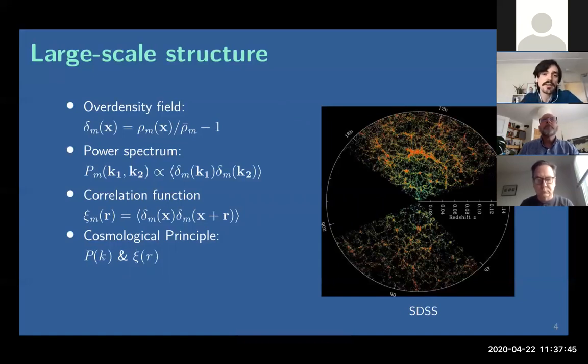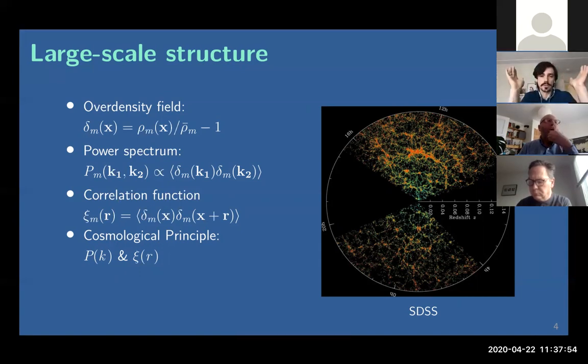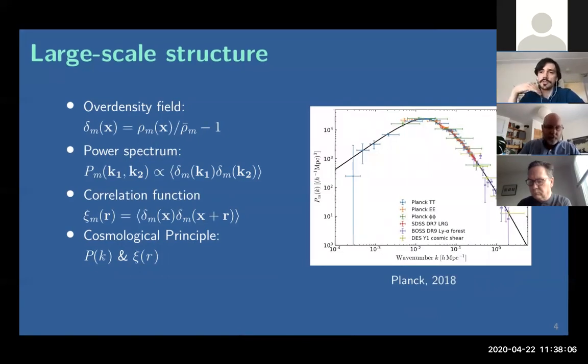For example, either the power spectrum or the correlation function, which tells us the variance of this overdensity field on different scales. In principle this depends on the full direction vector, but because of the cosmological principle, since the universe is homogeneous and isotropic, these only depend on one variable: for the power spectrum, the scale, and for the correlation function, the distance. That's very nice, because then we can compress all this information into roughly just this one line.